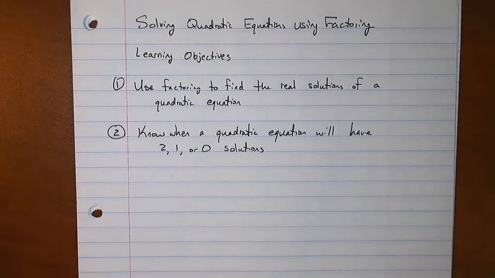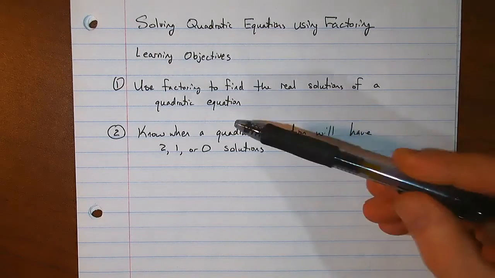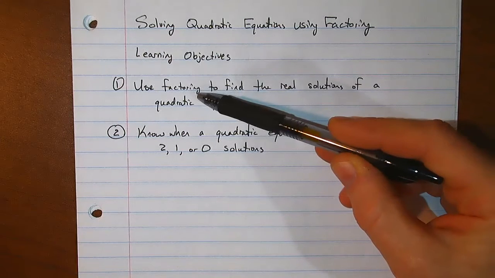Okay, but before we get there, let's talk about using factoring, because like I said, most people find this to be an easier method than the quadratic formula. So here are the learning objectives for this particular video. Like the last time, we're going to be able to solve equations. This time, though, we're going to solve equations using factoring.